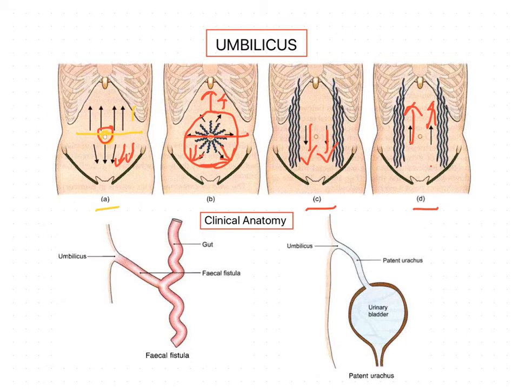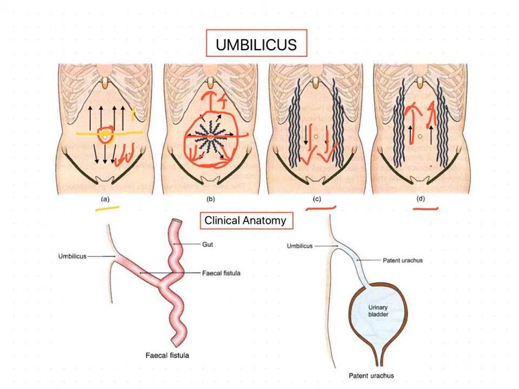Okay, so these are all the variations we can see here, and this umbilicus also has some embryological importance. One thing is the umbilicus is the meeting point of the four folds of the embryonic plate: two lateral, head and tail.